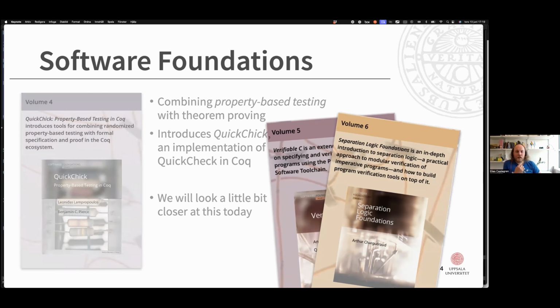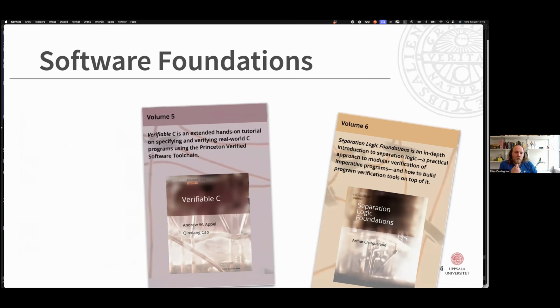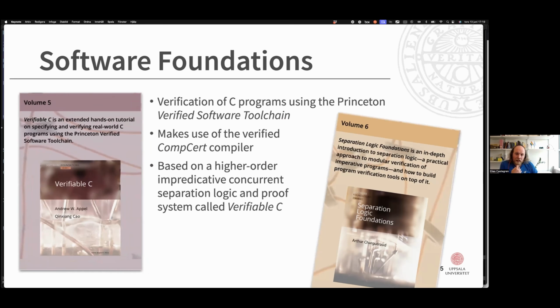So I'll just move on to the 5th volume, which is called Verifiable C, which uses the Princeton Verified Software Toolchain to verify C programs. You give specifications for C programs and then verify that they are correct. I've mentioned CompCert, the verified C compiler.